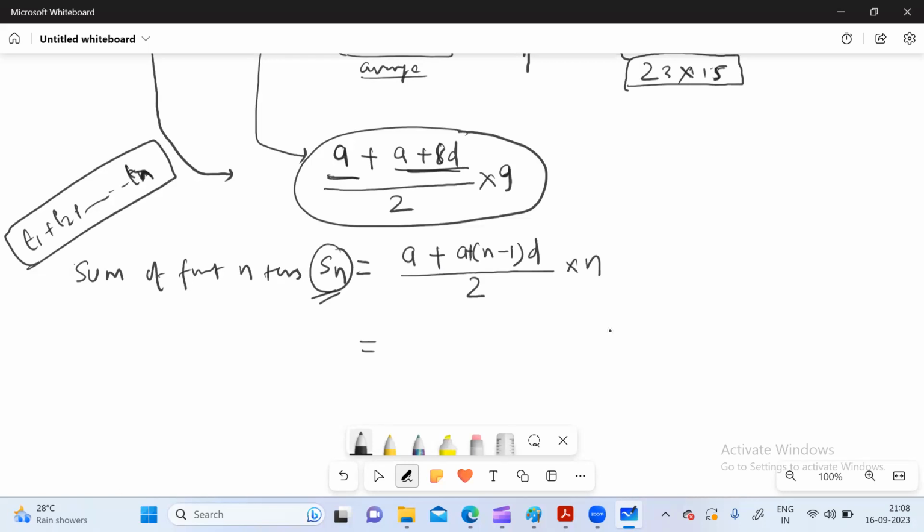Sorry, it's not multiplication, it's a plus n minus 1 d. So I'll rewrite: n by 2 I take out of the summation. Then a plus a is 2a, plus n minus 1 d. Of course, if there is a bracket inside, we need to make it a larger bracket. So I prefer a large bracket only. So now we found the formula for people who are not very smart.